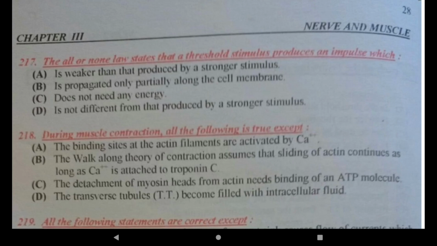The correct answer is D. It is not different from that produced by a stronger stimulus. The size of an action potential remains fixed, does not change. You know very well that as a muscle is exposed to increasing stimulus, it is only a threshold stimulus that will cause formation of an action potential.